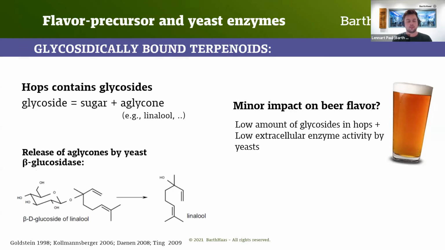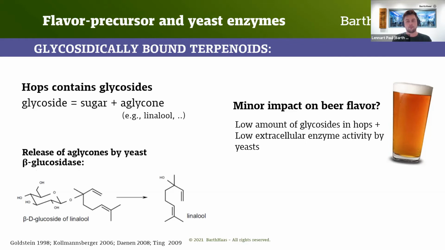The scientific research so far is, I would say, very confirming that the contribution to flavor is not that high, but I would keep in mind the synergistic and additive effects, because only 2 to 5% of the glycosidically bound terpenoids are converted into the active flavor state.